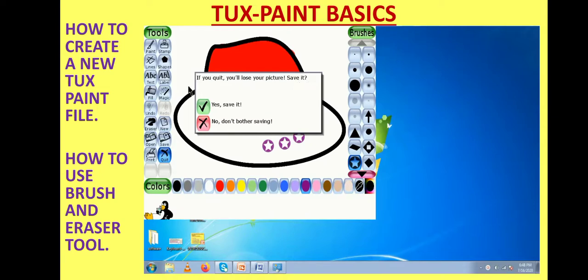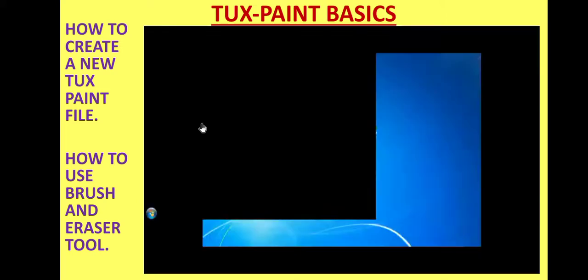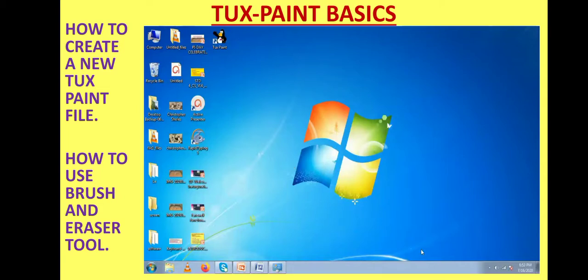If you want to save your picture, then simply click on Yes, save it. And if you don't want to save your picture, then click on No. You will come out of Tux Paint. So in this way, the paintbrush and eraser tool of Tux Paint can be used.